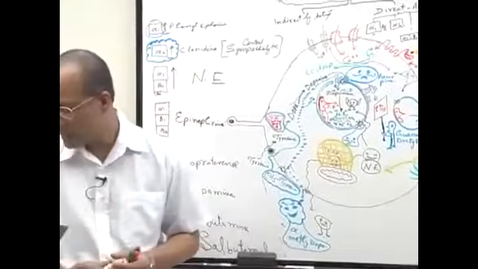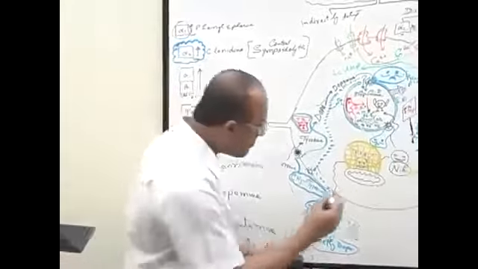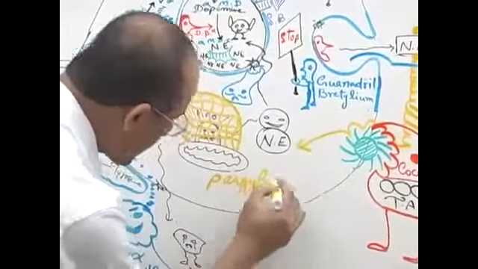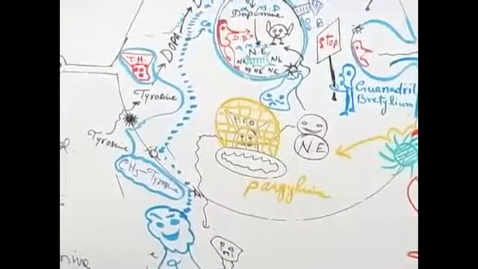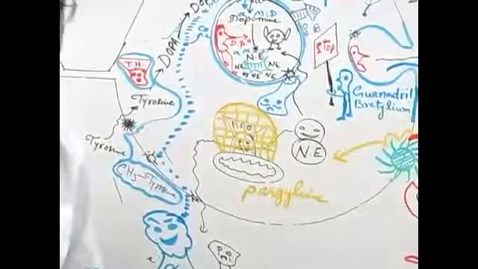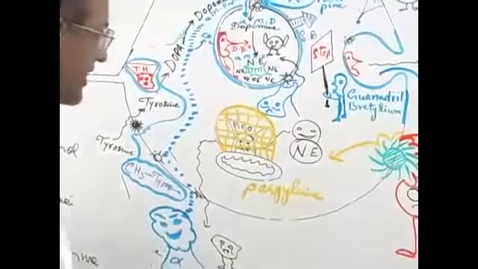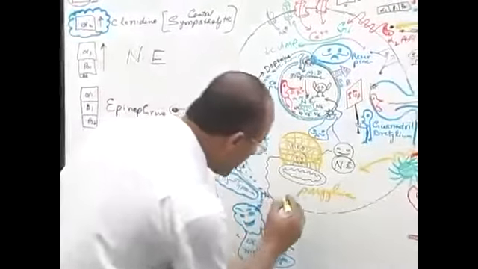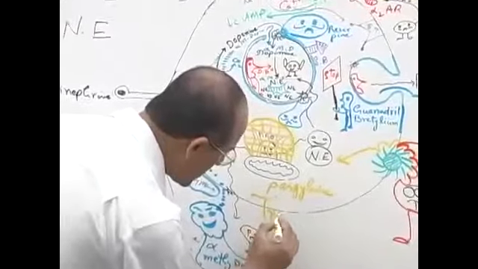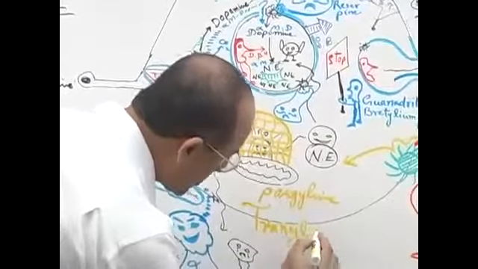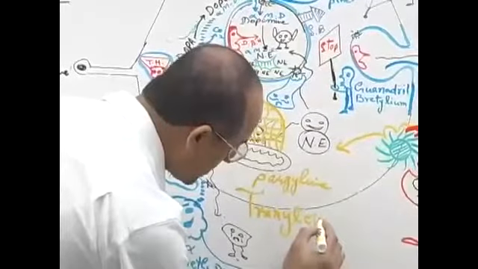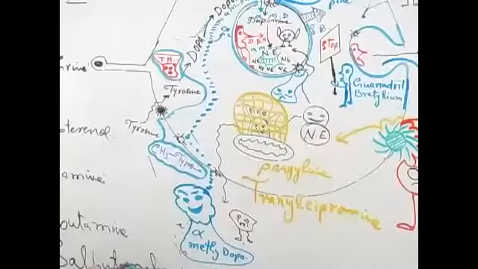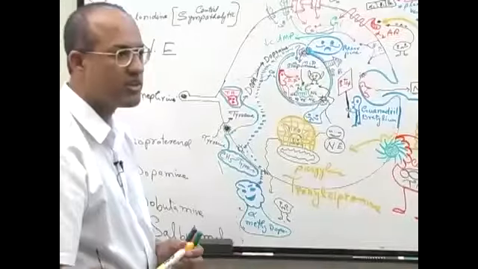This drug is number one, pargyline. And the other drug is phenelzine, tranylcypromine. These are also monoamine oxidase inhibitors, and they are also used as antidepressants.